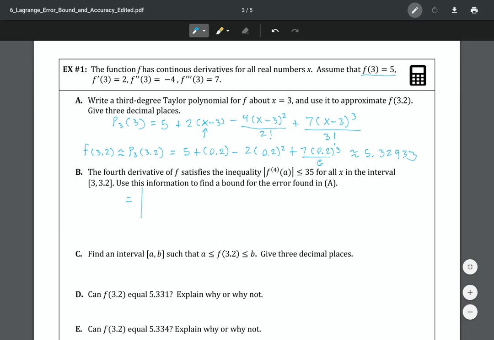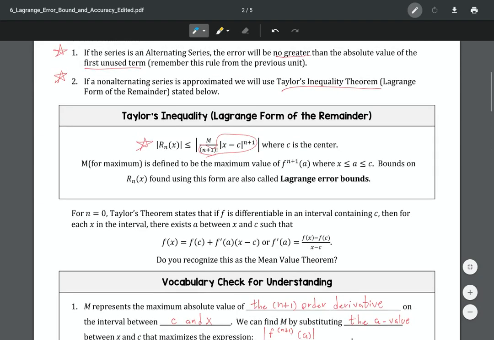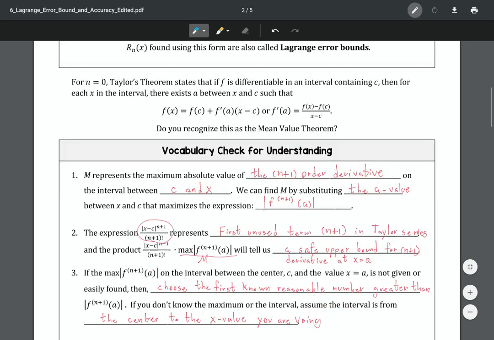Remember, the Taylor series says you have the derivative, in this case my fourth derivative at a, then I have x minus c being 3, over n factorial, which is going to be 4 factorial. And by the way, you could use that formula that I showed you. Let me see this formula, and that actually works out fine too. So you could have used that too.